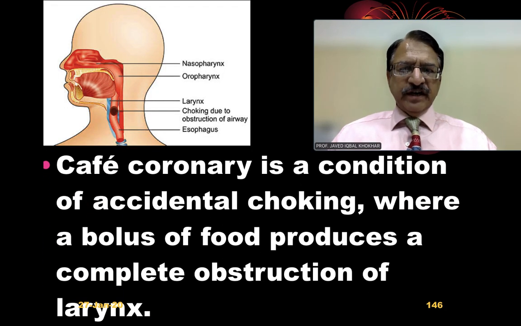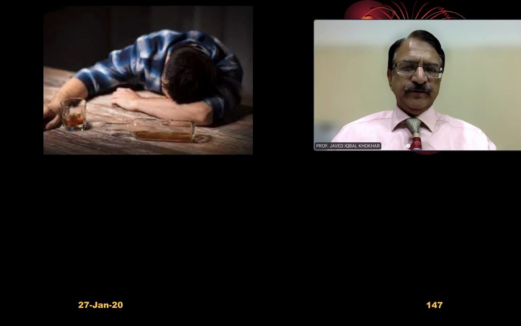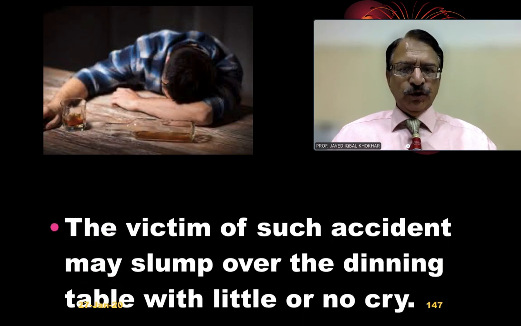Now the cafe coronary. Cafe coronary is a condition of accidental choking where a bolus of food produces complete obstruction of the lumen. As this happens usually in a cafe, and it looks like a coronary attack or heart attack, that's why it is called cafe coronary, whereas this is choking.